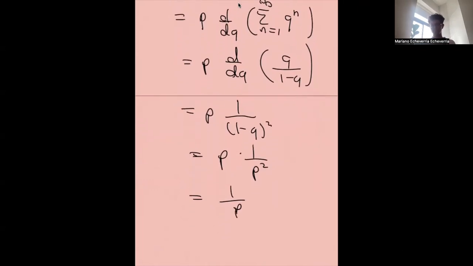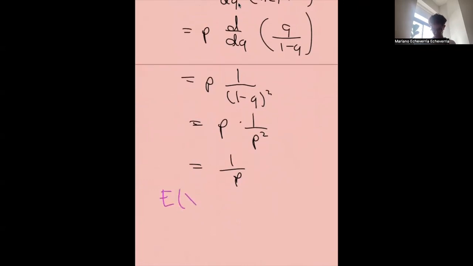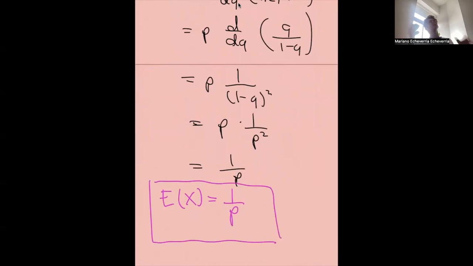So the expected value here is 1 over P. Sorry, the average value is 1 over P, right? Oh, the expected value, those are synonyms. Is that reasonable? Is that making sense?